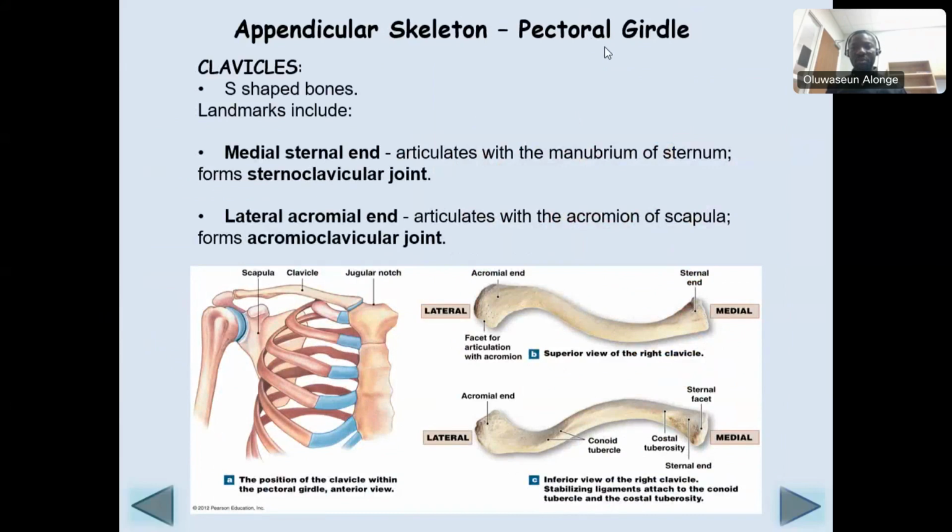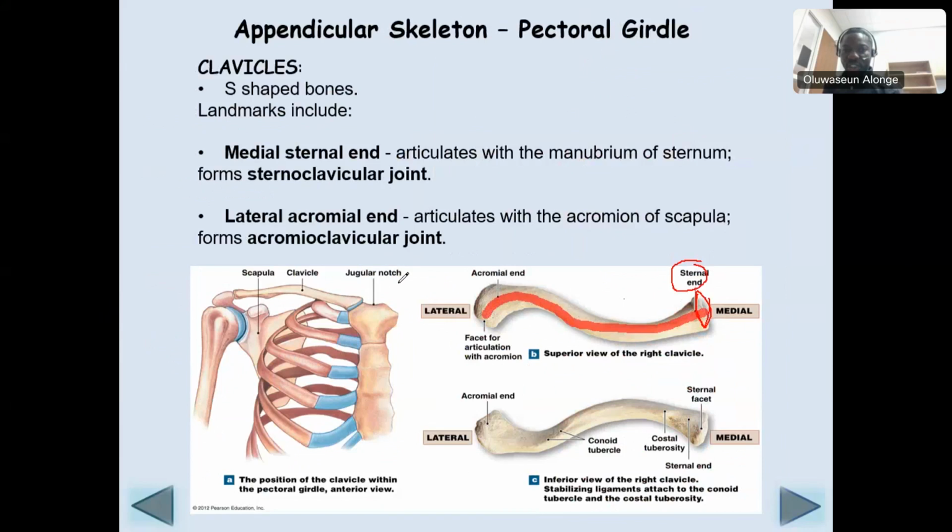The clavicle is the first bone we are going to be looking at. Like I told you, the clavicle has an S-shaped appearance. The medial end of the clavicle articulates with the sternum, so we call it the sternal end, and it makes a joint there.